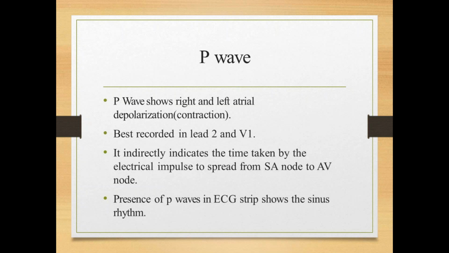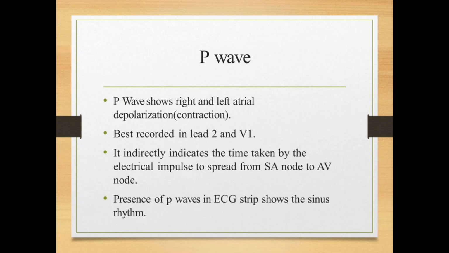It indirectly indicates the time taken by the electrical impulse to spread from the SA node to the AV node. That's where the conduction of the heart is important, to know whether the impulse is originating from the SA node or not.